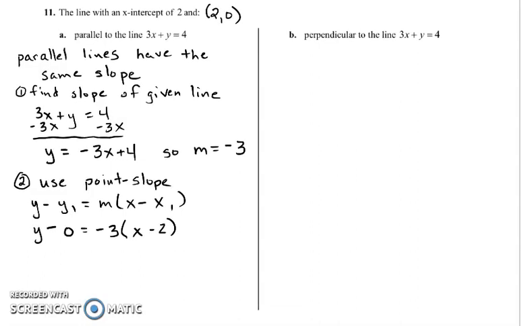And now we just simplify. So subtracting 0 doesn't mean anything, so that's just y. And we have to distribute the negative 3 to both. So negative 3 times x is negative 3x. And negative 3 times negative 2 is plus 6. So the equation of the line that is parallel to the line they gave us is y equals negative 3x plus 6.